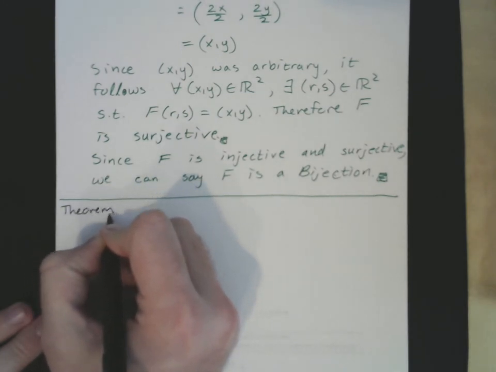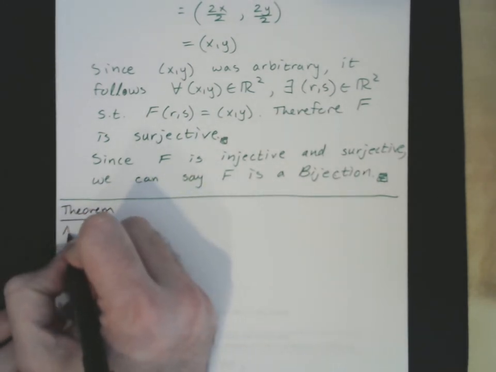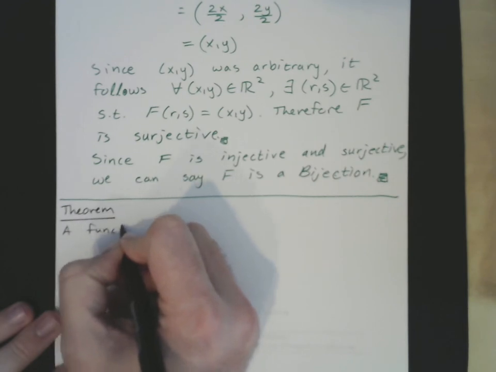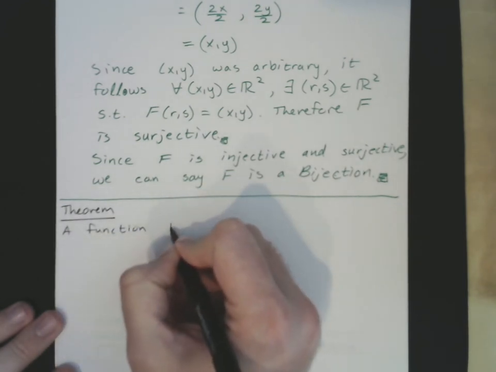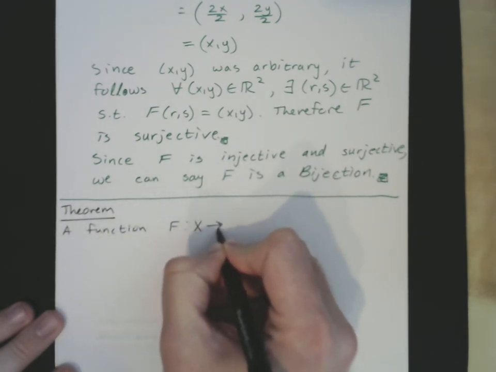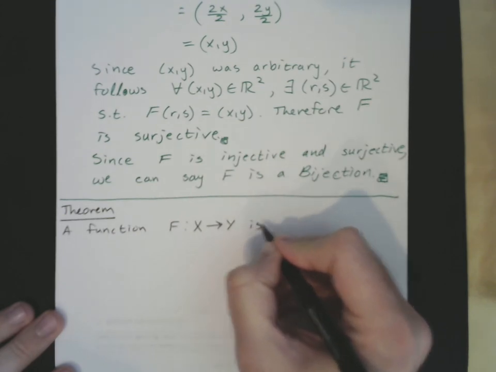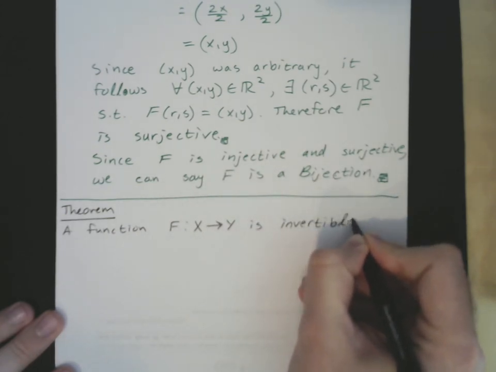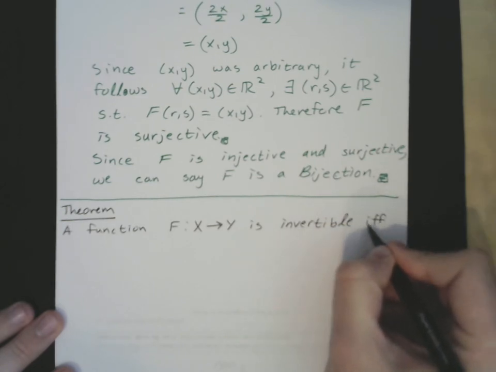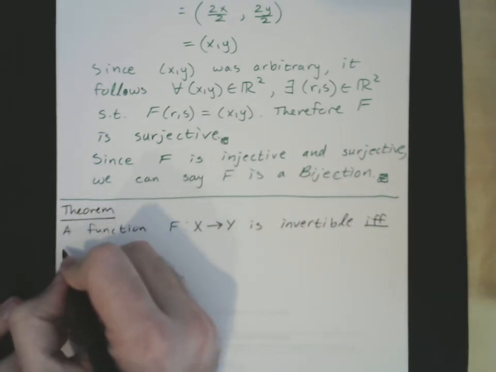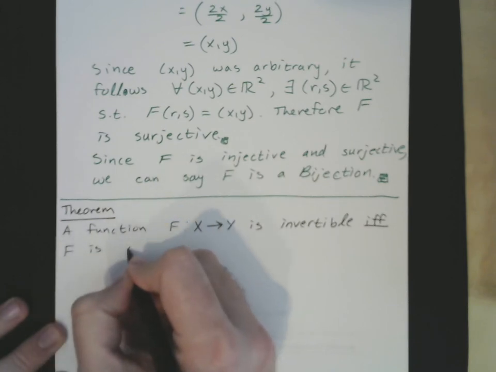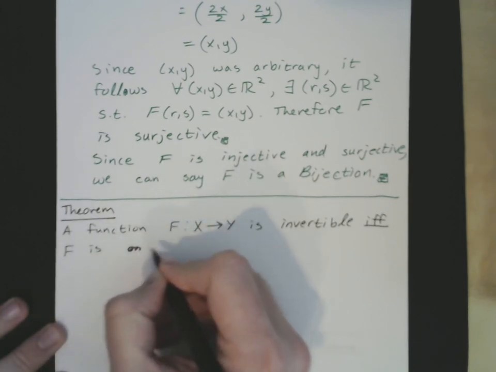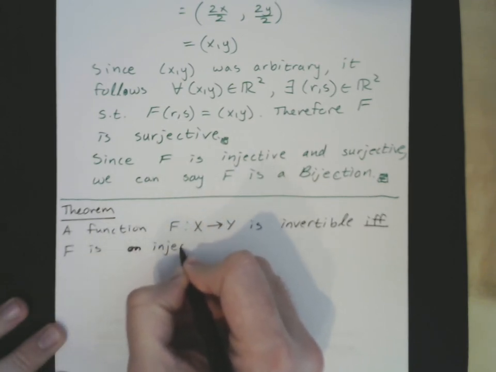So the first theorem is: a function f that maps x into y is invertible if and only if f is 1-to-1, or injective is our new term.